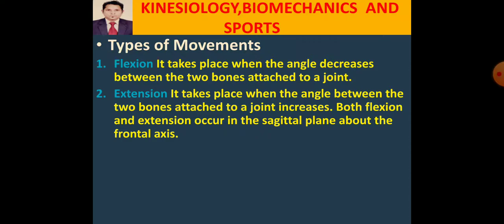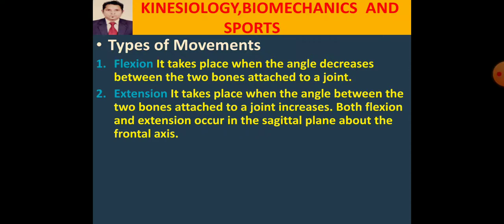When you fold your leg at the knee, between two bones, the tibia-fibula and the femur, the distance decreases. That is flexion. In the hand also we can see it from the elbow when we are bending it. Between two bones, the humerus and the radius-ulna, the distance decreases.